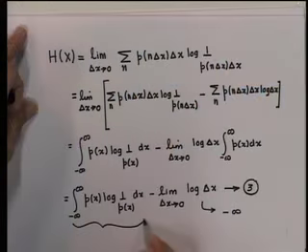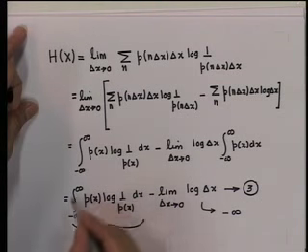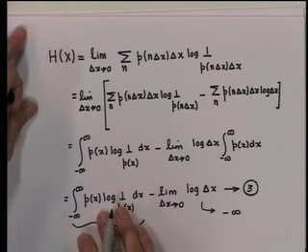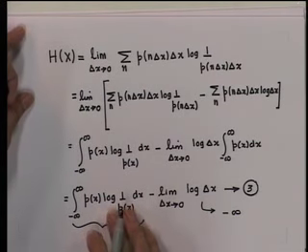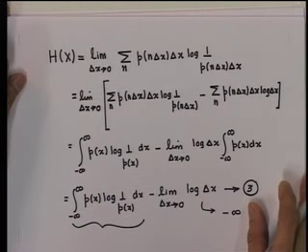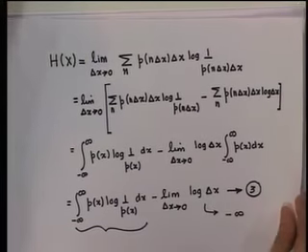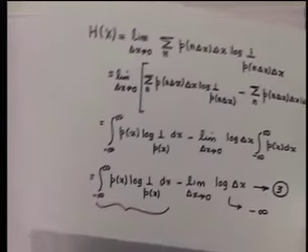So, does this mean that there is no meaningful definition of entropy for a continuous random variable? On the contrary, we will see that the first term in equation number 3 serves as a meaningful measure of the entropy, that is average information, for a continuous random variable x. Now, this may be argued as follows.